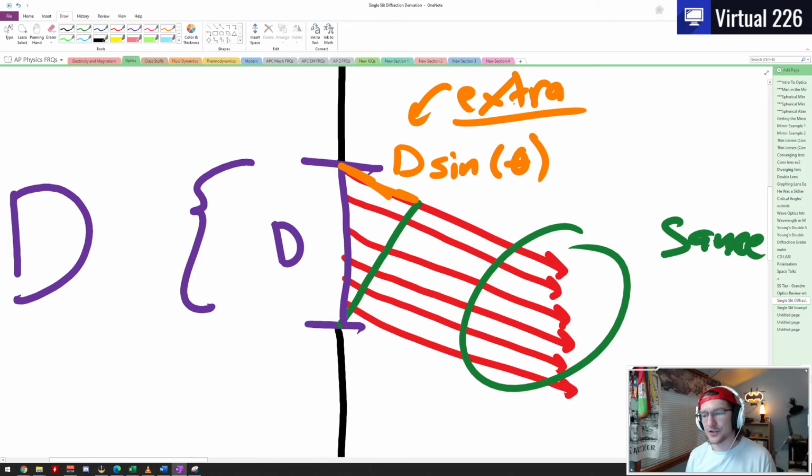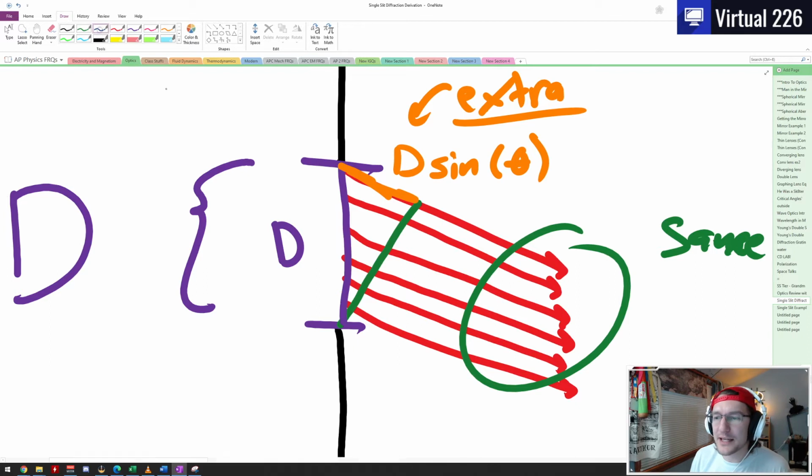Okay, that is some extra distance. And just like we saw with the double slit, if this D sine theta happens to equal something, maybe some of these waves of light are going to be at perfect offsets such that we're going to have constructive or destructive interference.